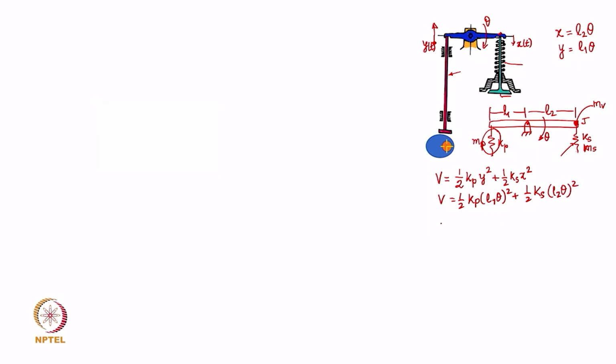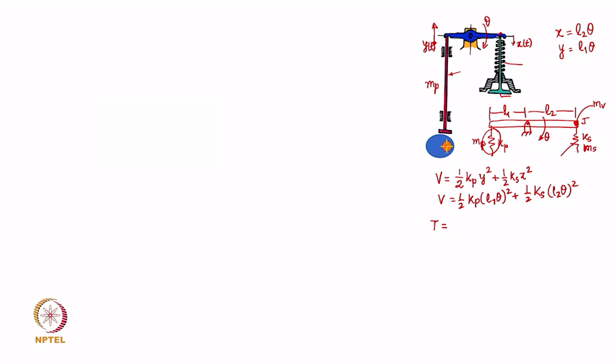What about the kinetic energy, capital T, in the system? We already have seen that there is a mass of the push rod that is assumed. If the push rod mass is to be accounted for, that mass is distributed; it is not a lumped mass as such.